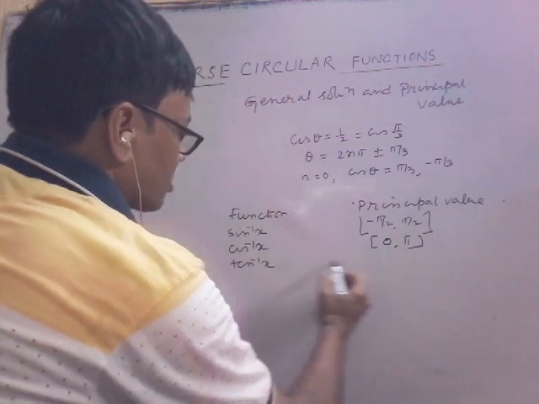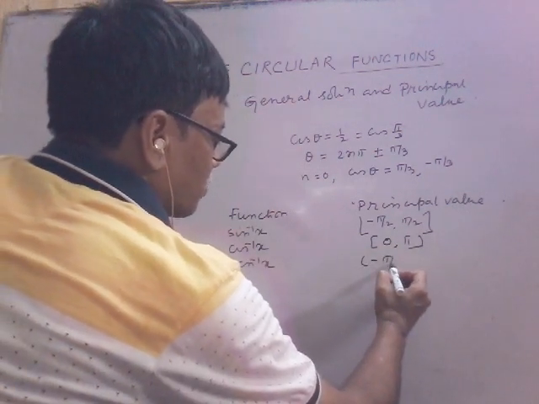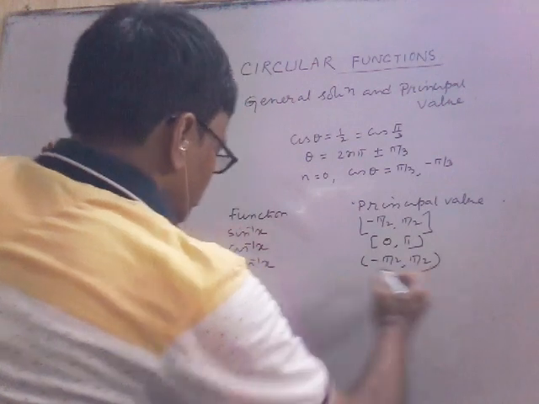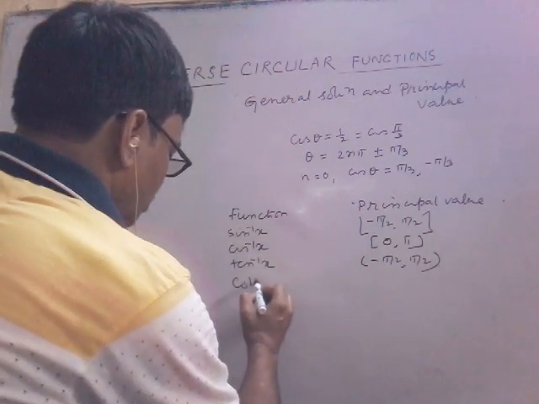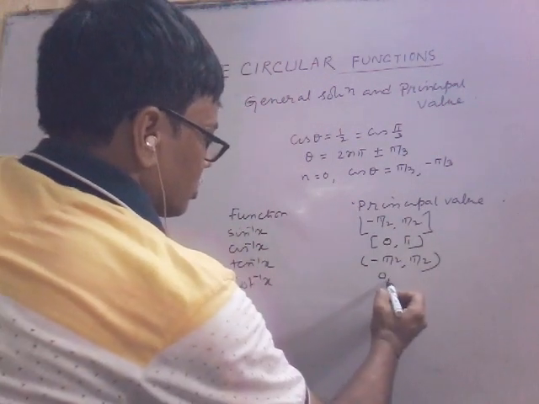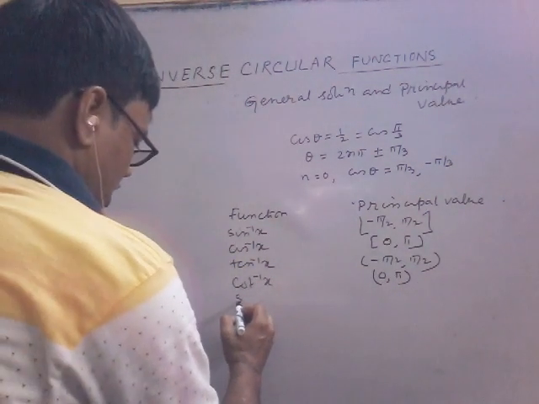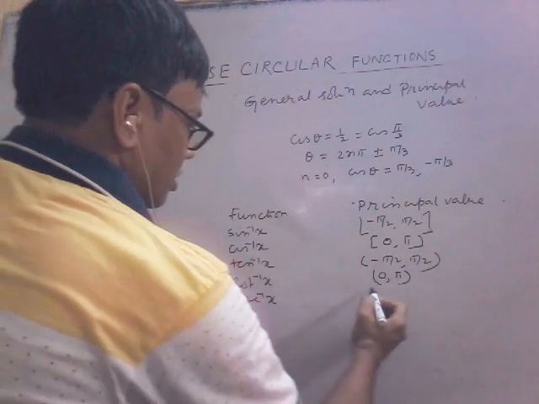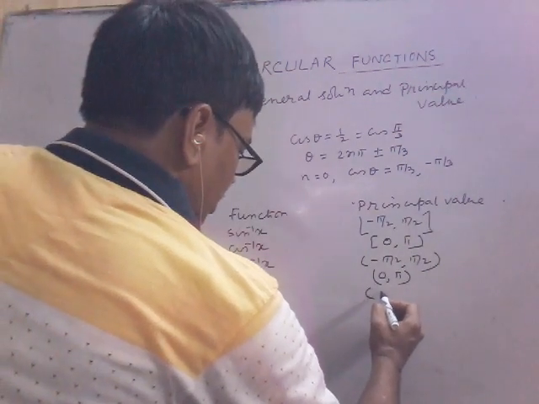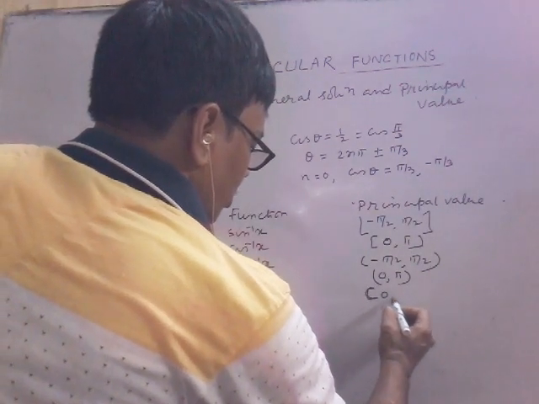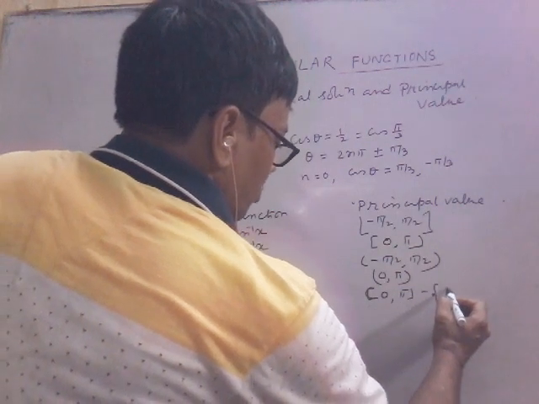Tan inverse x, minus pi by 2 to plus pi by 2. Cot inverse x, 0 to pi open bracket. Sec inverse x, 0 comma pi minus pi by 2.